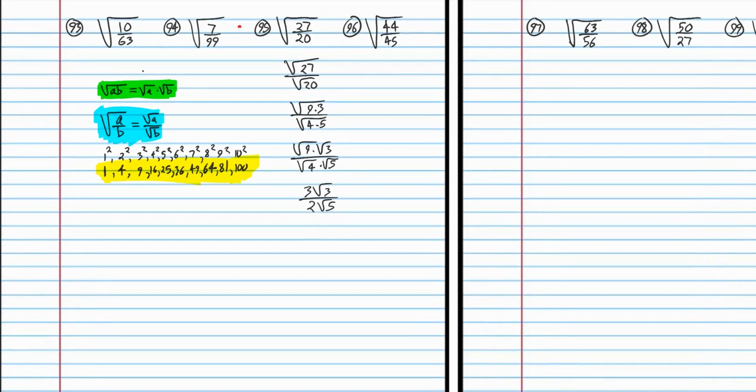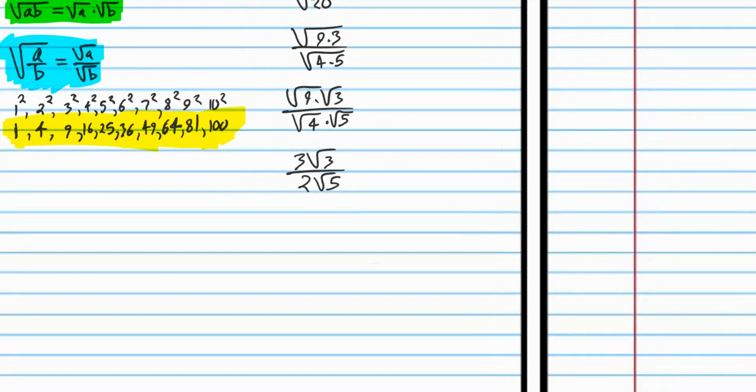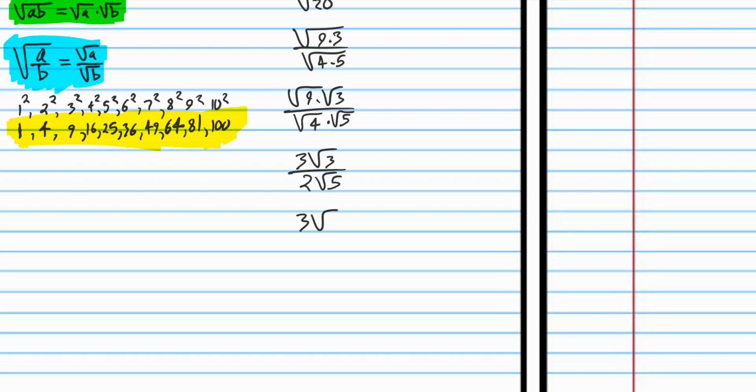So there you go. No big deal. So now we just have to rationalize the denominator like we did in the previous problems, and then we're done with this one. So we're going to multiply both sides by root 5 because the denominator has a root 5.